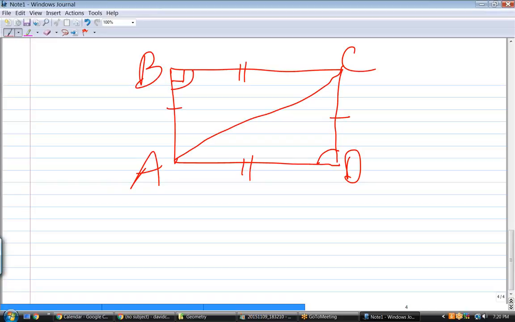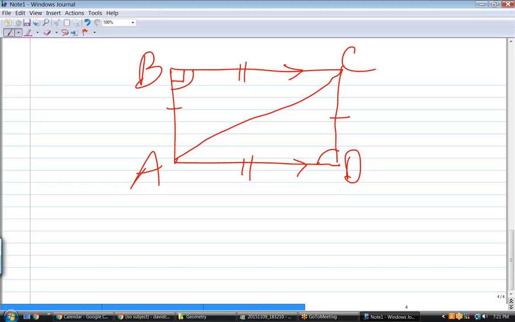What about based on the parallel lines? That's parallel to that because it's a rectangle, and here's my transversal. Based on that transversal, tell me two angles that are equal to one another. Three-letter descriptions. Well, we know that BAC is equal to DCA.